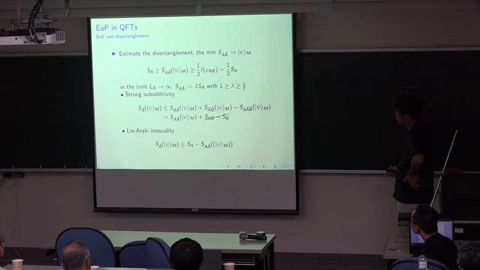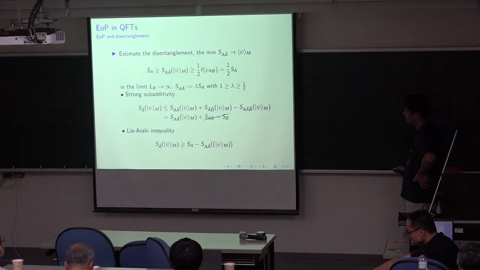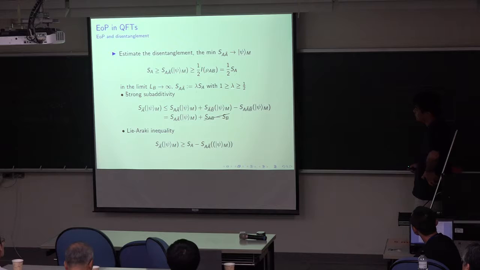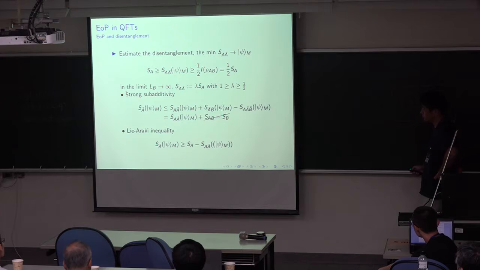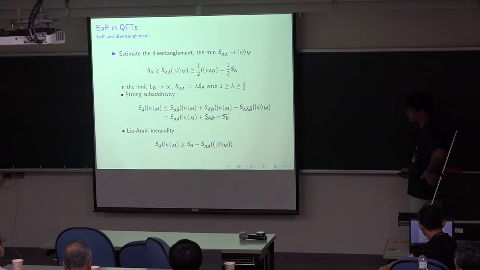So how much should we disentangle? That should say the minimal S of A and A2 corresponds to this state. This state satisfies these inequalities, and in the case that we consider, we can define the subset. This A and A2 is defined with lambda in this region, and we can also use strong subadditivity and the inequality.